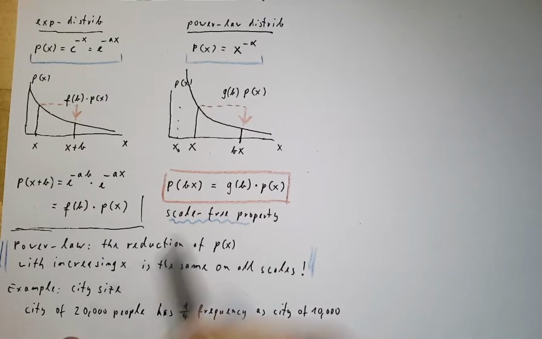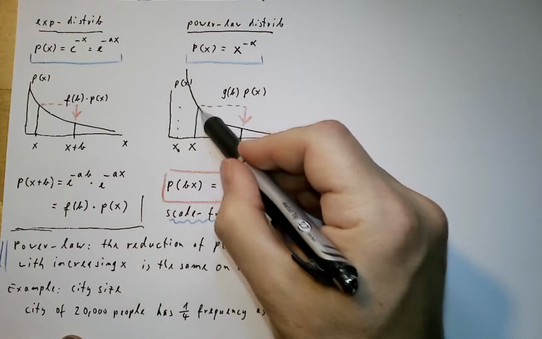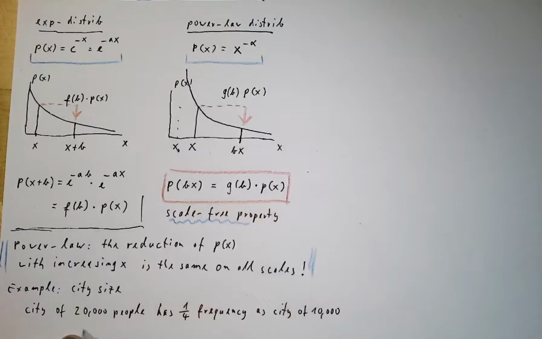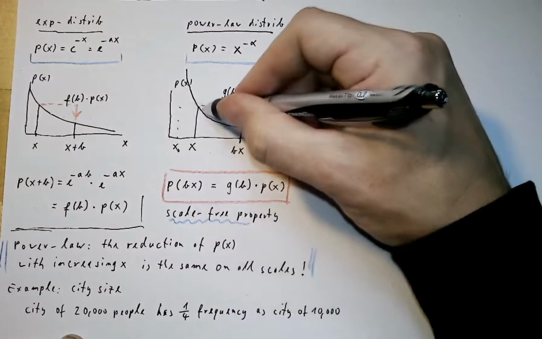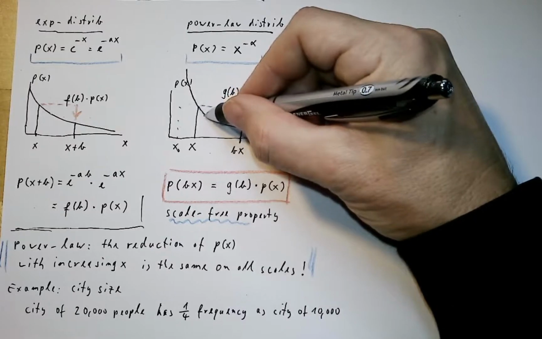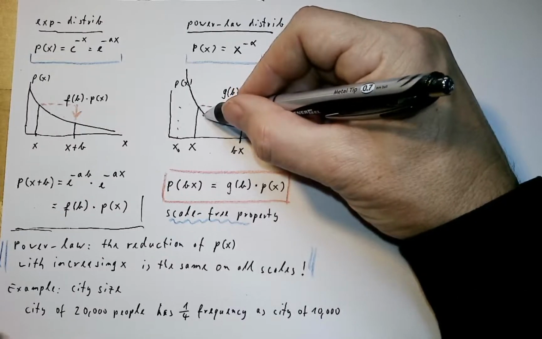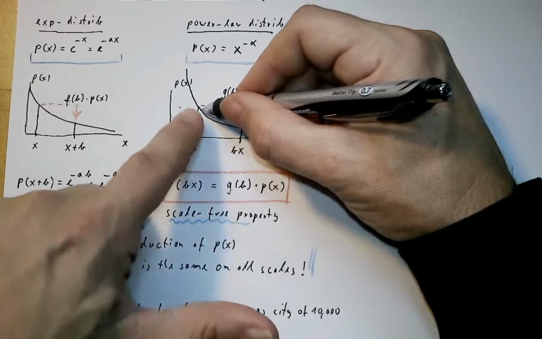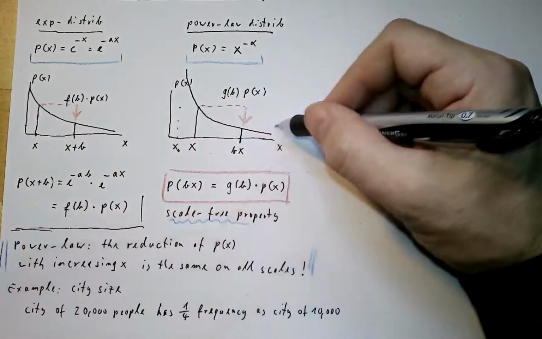So let's say if we go here from one value to the next, from 10,000 to 20,000, if by this we reduce the frequency by a factor of 4, then the same thing would happen if we scale the whole thing.